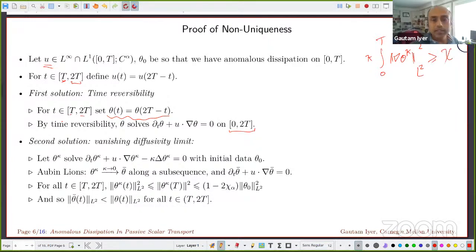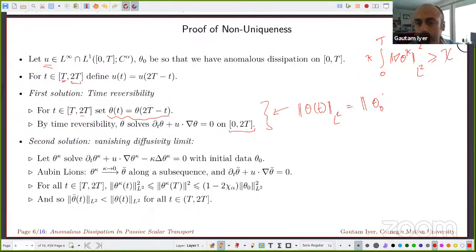And let me just point out for this solution, because my velocity field is smooth except at one time, I know that my L2 norm equals my initial L2 norm, right, so probably it's also true at big T, but I don't care about that for now, right?